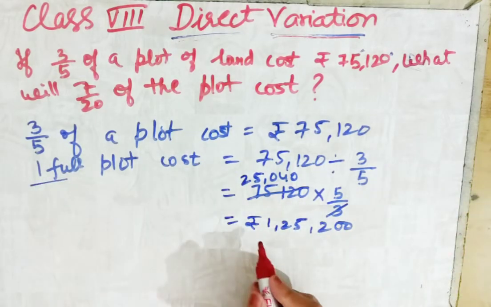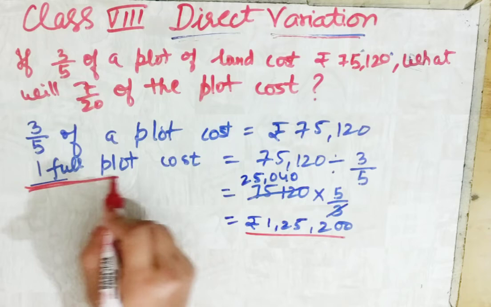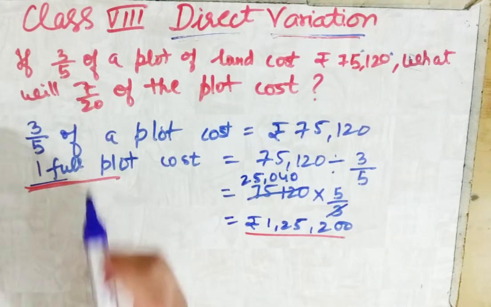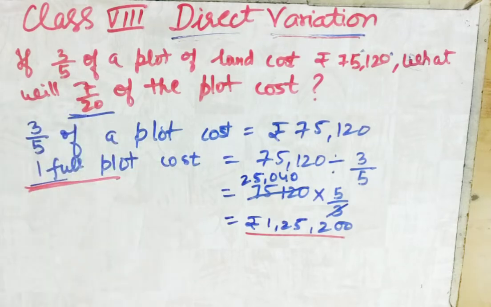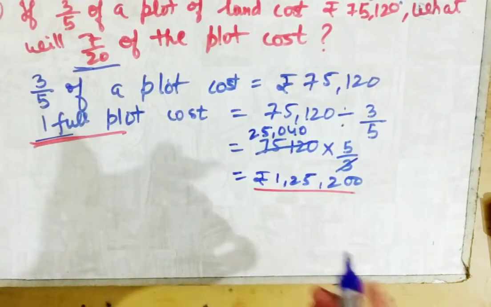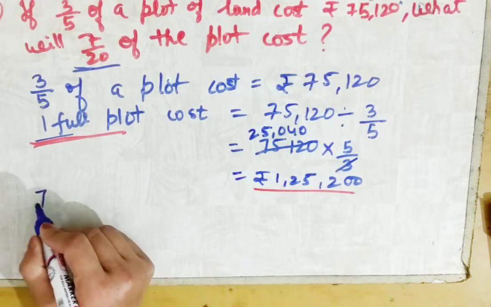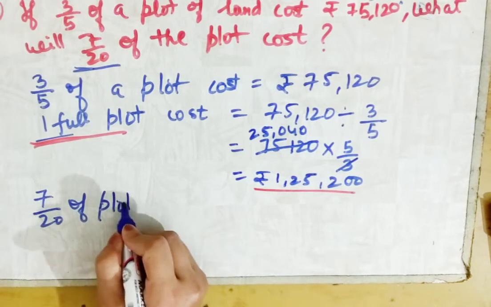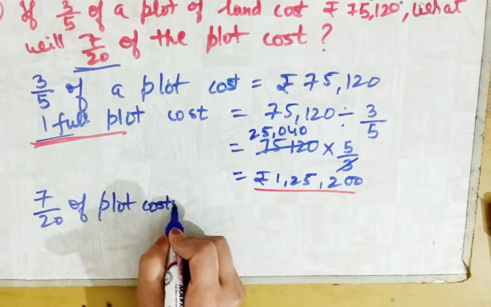Now this is the price of the full plot. Children, this much is the price of one full plot. Now we are supposed to find out how much 7 by 20 of the plot will cost.